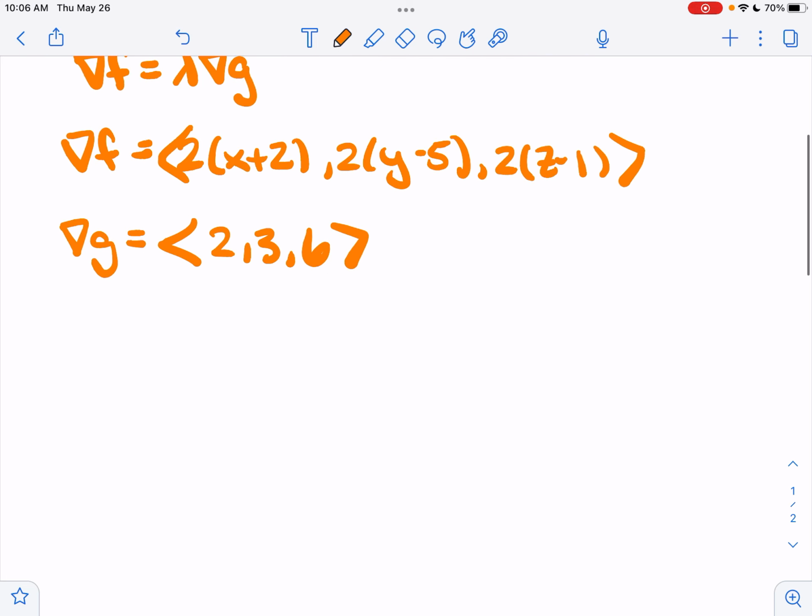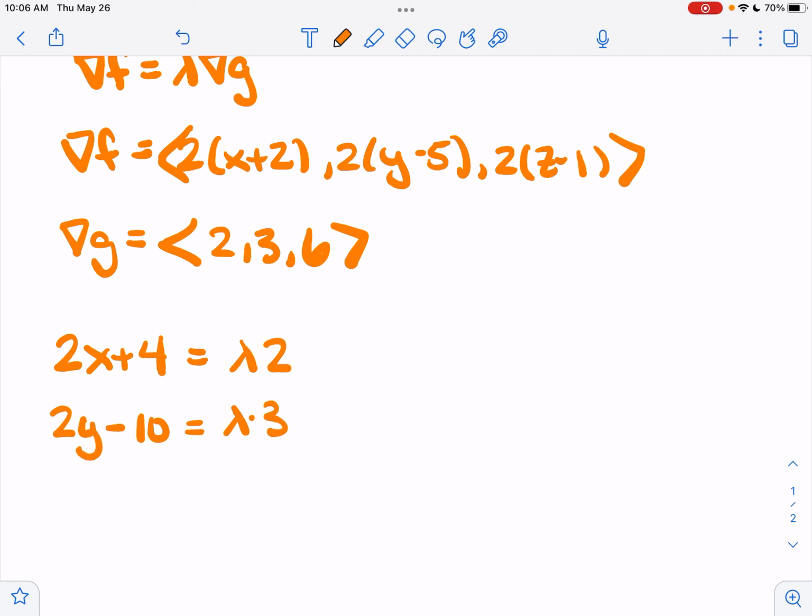Putting this together, for the x component, we have 2x plus 4 is lambda times 2. For the y component, we have 2y minus 10 is lambda times 3. And for the z component, we have 2z minus 2 is lambda times 6.